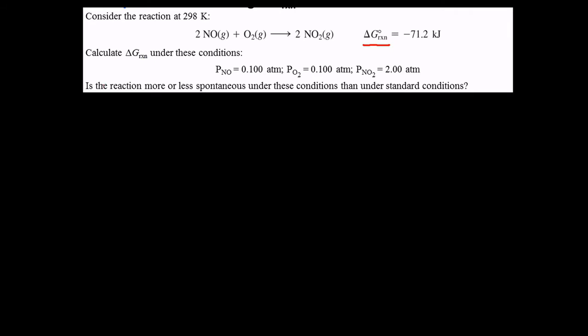And furthermore, we're asked to determine if the reaction is more or less spontaneous under these conditions than under standard conditions. So, given what we know from the last slide and the data from this slide, why don't you go ahead and pause the video and see if you can, number one, work out what the non-standard free energy is, and then also work out whether it is more or less spontaneous than at standard conditions. So pause the video now.